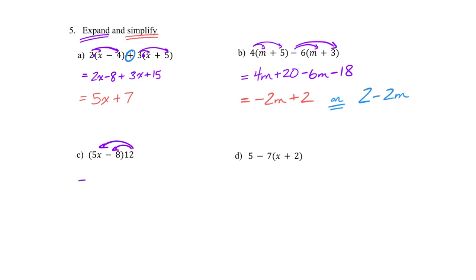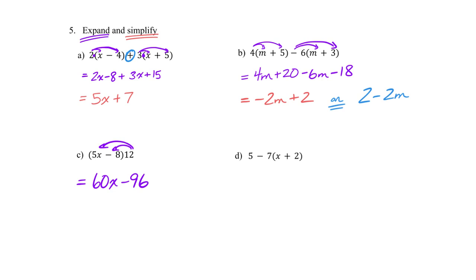So my expanding now becomes 5x times 12, which is a 60x. 12 times negative 8 is a negative 96. And you'll notice that that expanding line is also our simplified line. Okay, so takeaway from C. It doesn't matter what order we multiply it in. So you can expand in either direction.